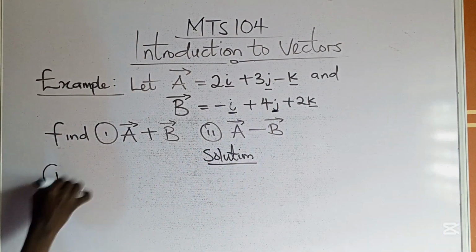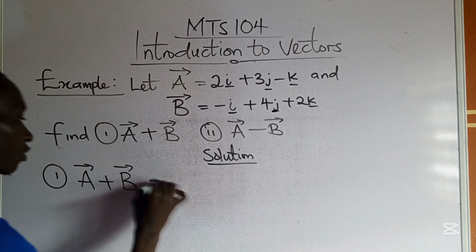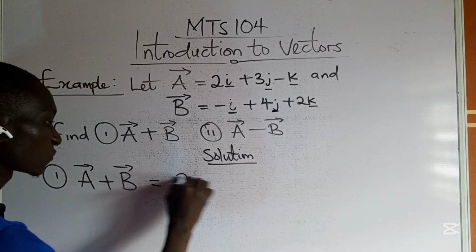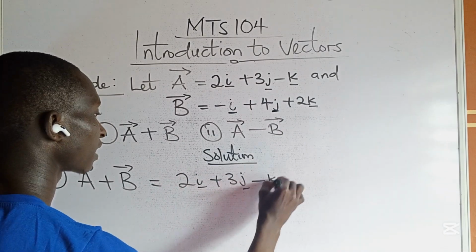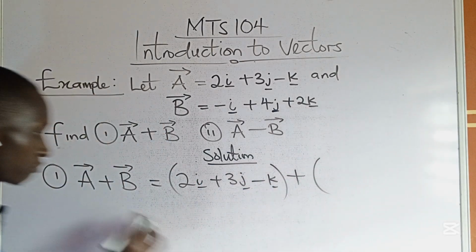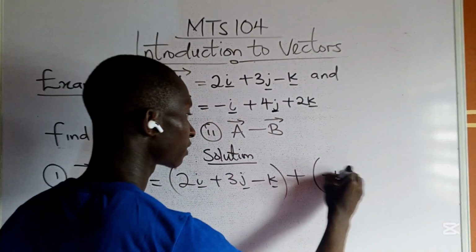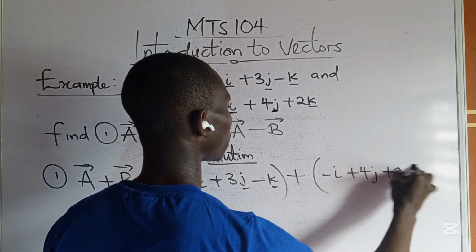So what do we do? Vector A plus vector B. So what's vector A? Vector A contains 2i plus 3j minus k, plus B, which is minus i plus 4j plus 2k.